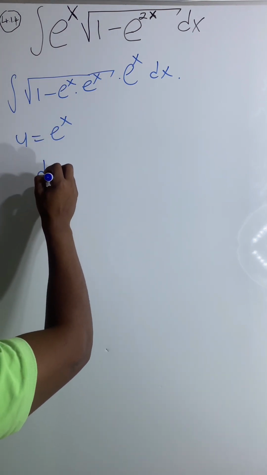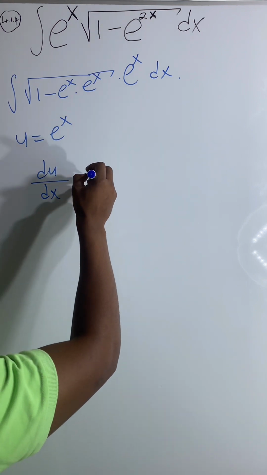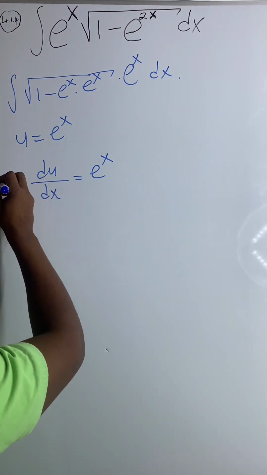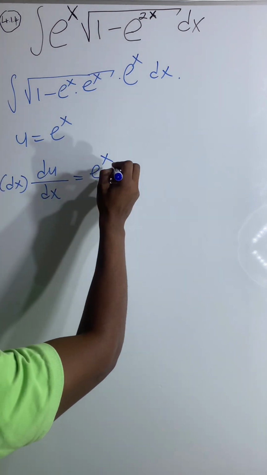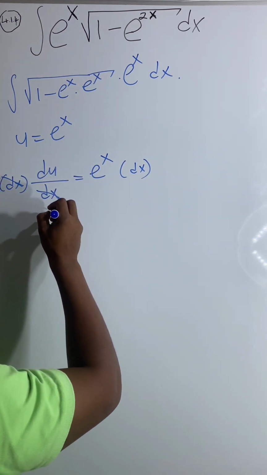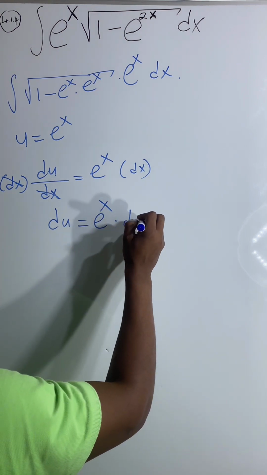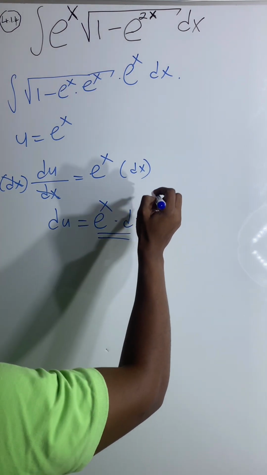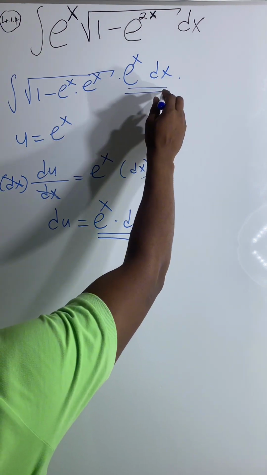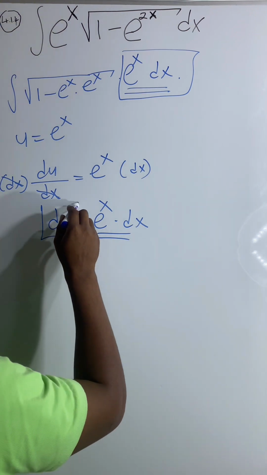Differentiating u with respect to x, differentiating e to the power x gives us e to the power x, and from here let's multiply both sides by dx. That dx will cancel that dx, so du will be equal to e to the power x dx, and we already have e to the power x dx there.